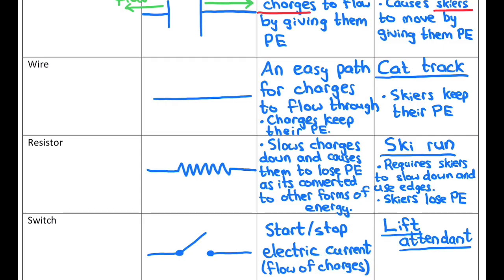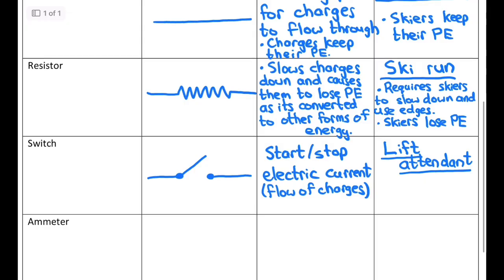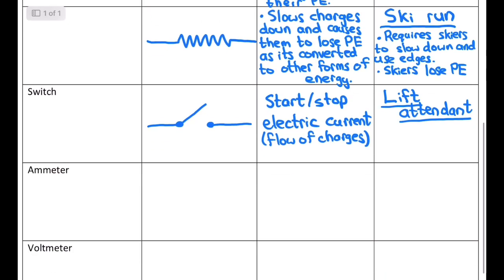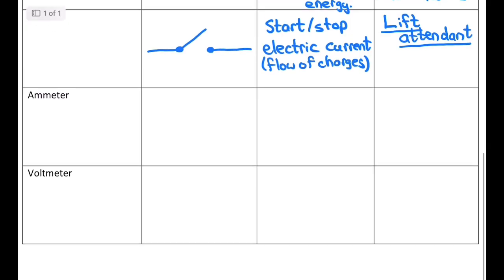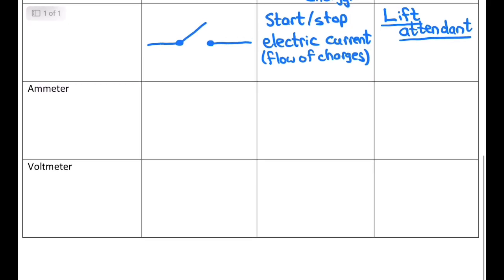So those are all the devices in our electric circuit that will actually affect what the circuit does. But there's two more devices I want to talk about. And these are devices that won't change what the circuit's doing, but they're used more to observe the circuit. They're used to make measurements about what the circuit is doing. And those devices are an ammeter and a voltmeter.